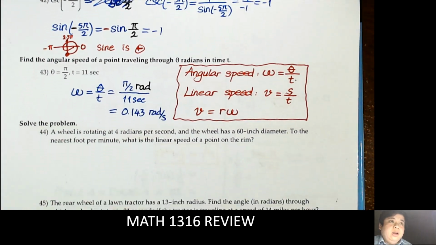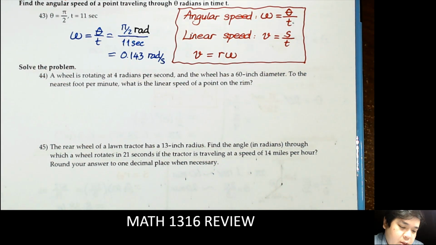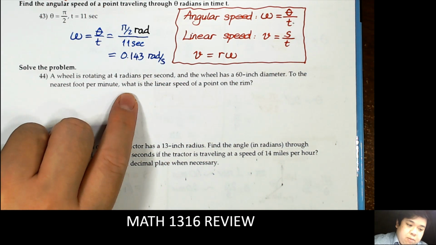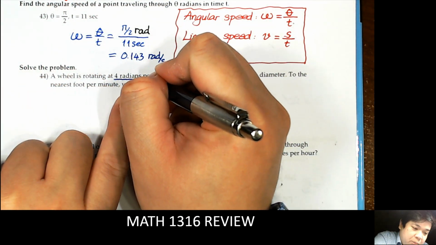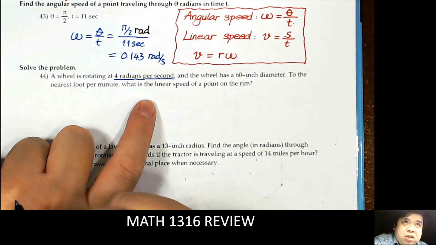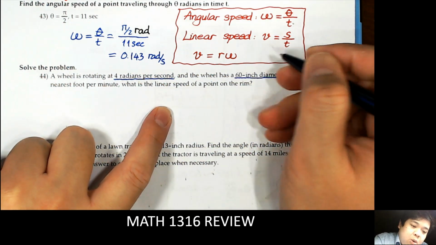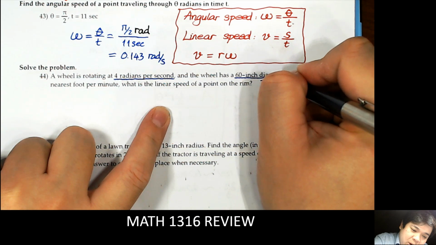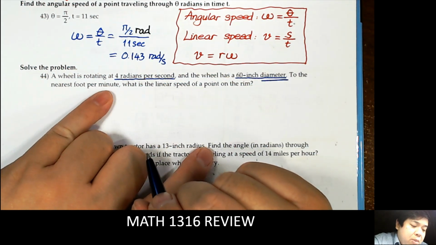Next we have two examples here. A wheel rotating 4 radian per second. So we'll underline all the numbers and units. 4 radian per second. 6 inches in diameter. Well, watch out that this is the diameter and not the radius. To the nearest foot per minute.